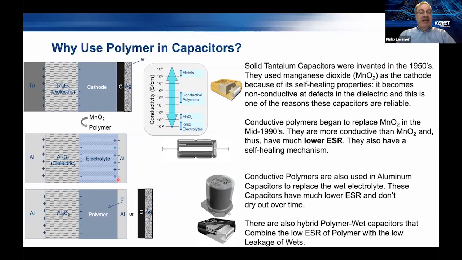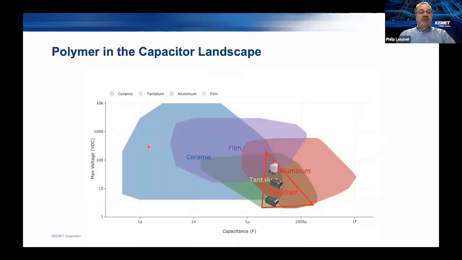Those combine the wet electrolyte and also have the polymer material in them. They have the advantage of having low ESR, but also the very low leakage that you get with wet electrolytic capacitors. And we'll cover all these product forms because KEMET actually has all these products in our portfolio.